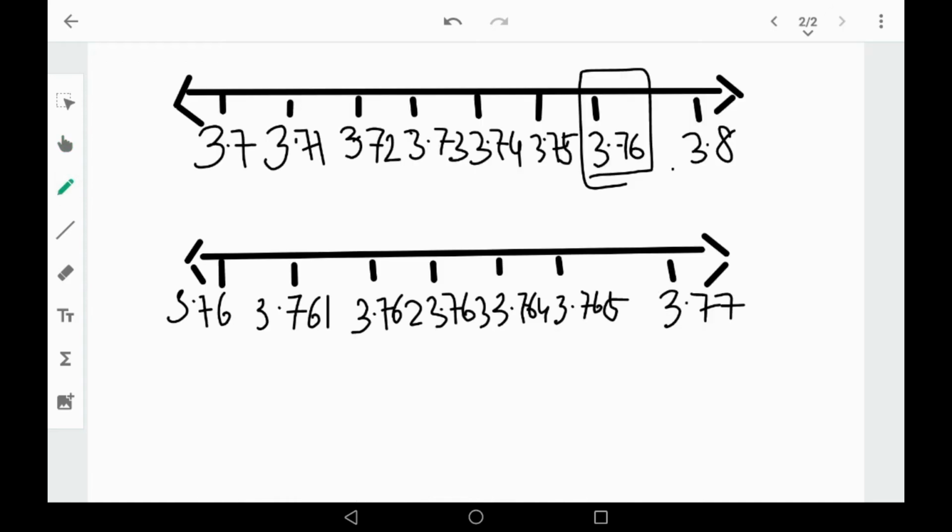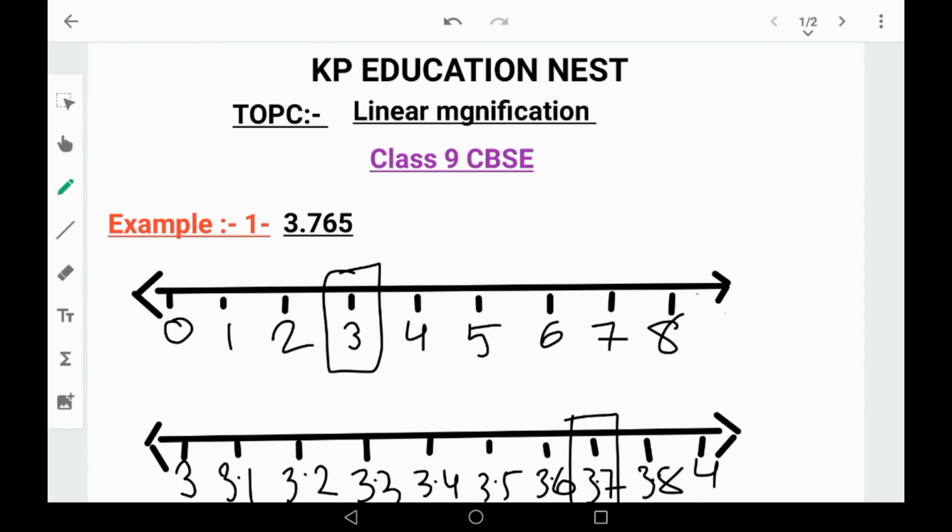So here I have 3.765. So I will mark this. This is the way you represent 3.765 on a number line using the linear magnification method.